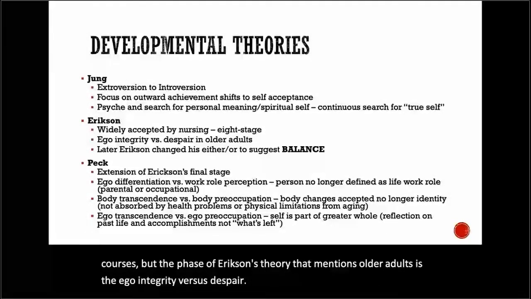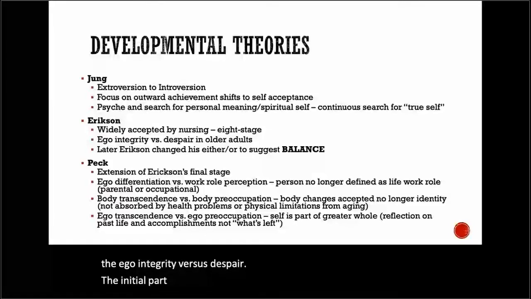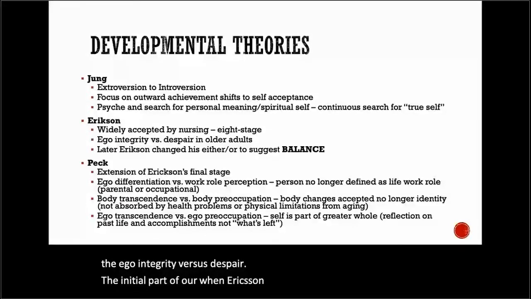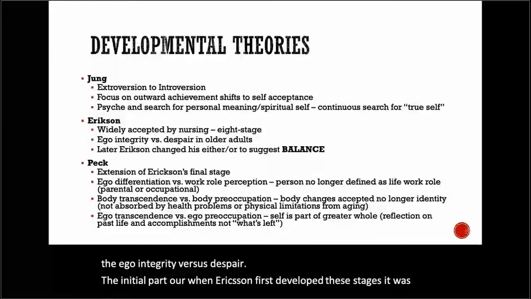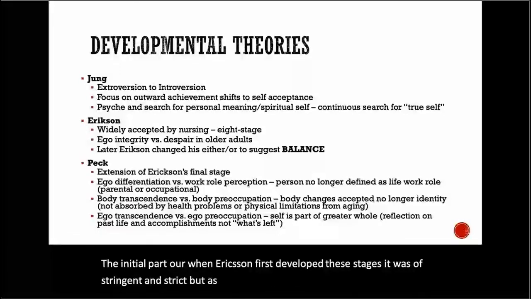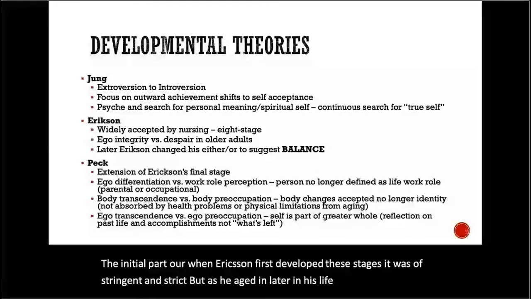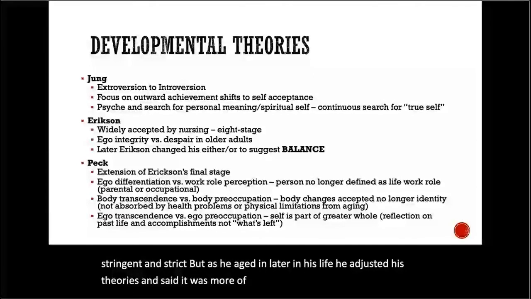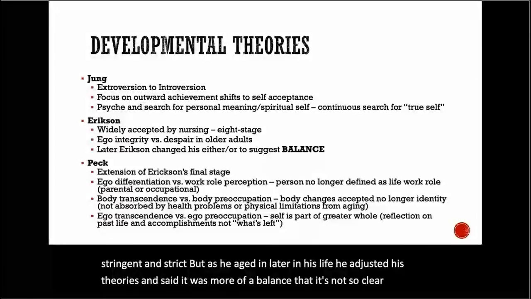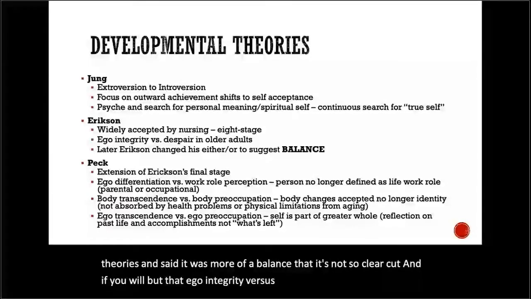The initial part of when Erikson first developed these stages, it was kind of stringent and strict, but later in his life, he adjusted his theories and said it was more of a balance, that it's not so clear-cut, if you will. But ego integrity versus despair is the phase that older adults are in per Erikson.